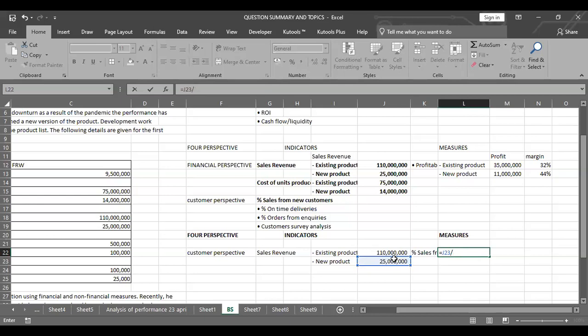The percentage would be 110 plus the 25, to see the overall percentage of the increase. So it increased by about 19, and if you express it as a percentage, that is what it should be for that case.